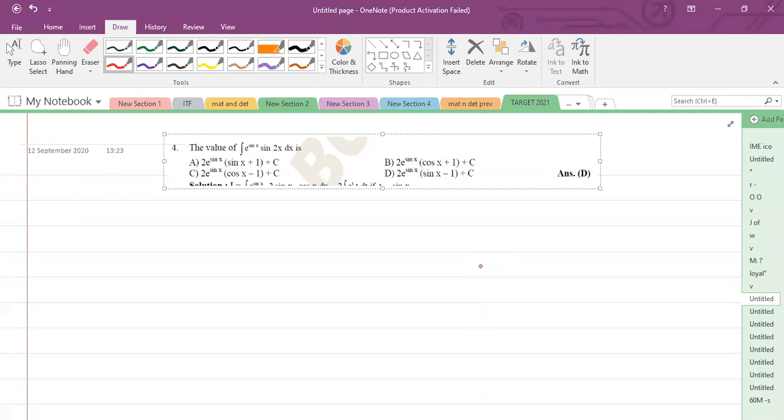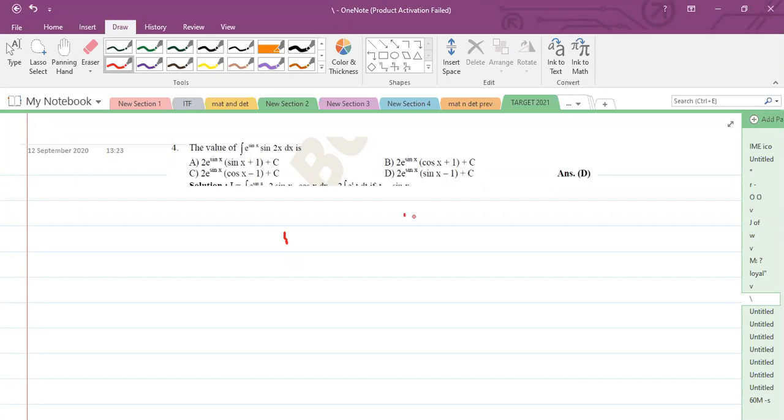Whatever may be the given integral, that will be the correct answer. If you differentiate option A and get e raised to sin x into sin 2x, then that one will be the answer, because integration is the inverse process of differentiation.